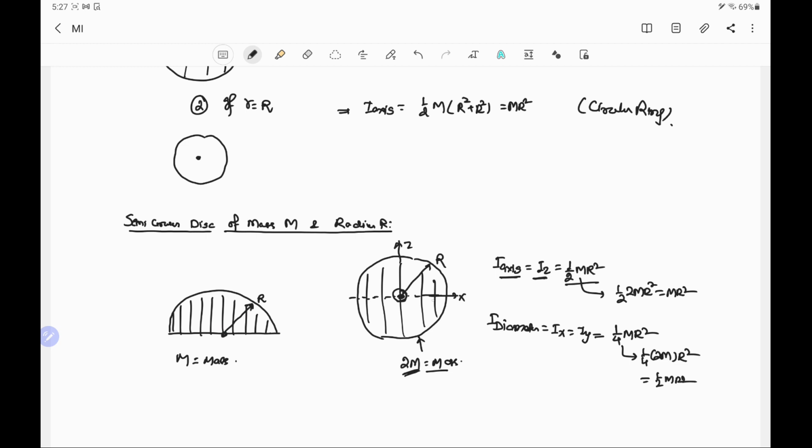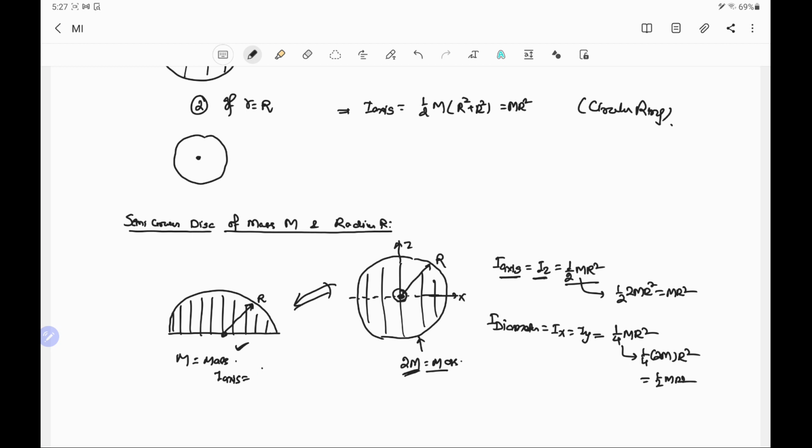Now for the semicircular disk of mass m and radius R, if this disk is halved, or we take one part of it, the remaining part is similar to this. Half of this disk will be the same as this. So the moment of inertia about the axis of the semicircular disk will be half of the whole disk.